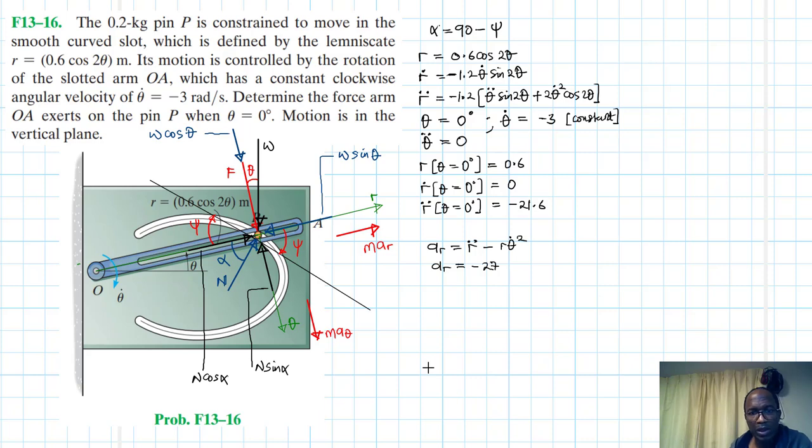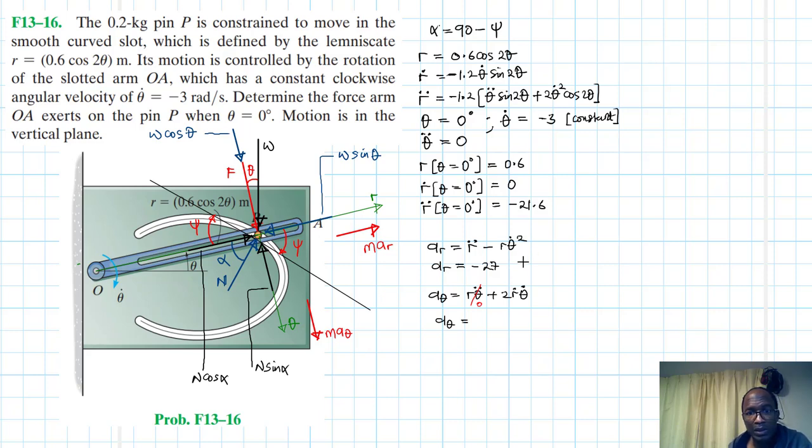This is just minus 27. Then we have A theta, which is just going to be equal to r double dot plus 2 r dot theta dot. Our A theta therefore is just equal to, this part is 0. This whole part goes to 0. Then we just remain with the other part, which is 2 times.